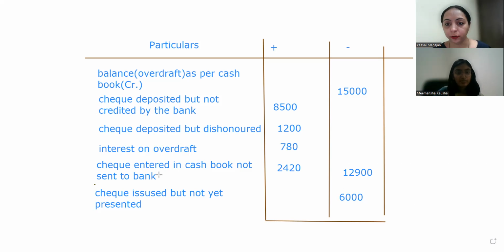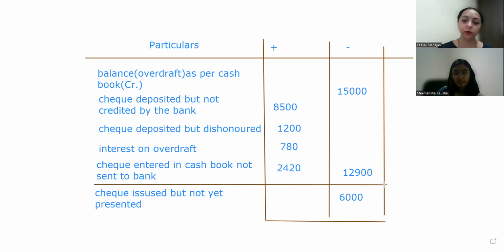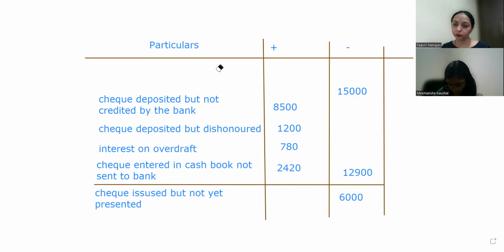So you can show the total 15,000 plus 12,900 and then deduct 6,000. Be quick.